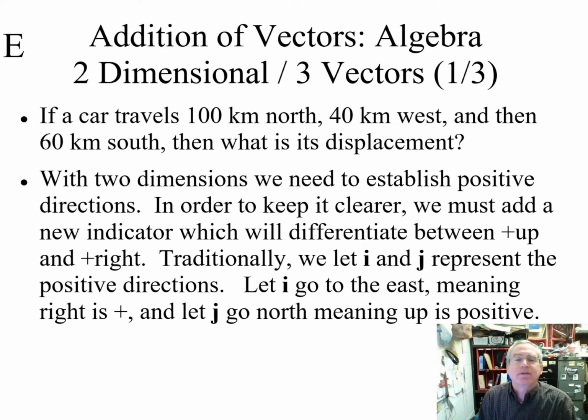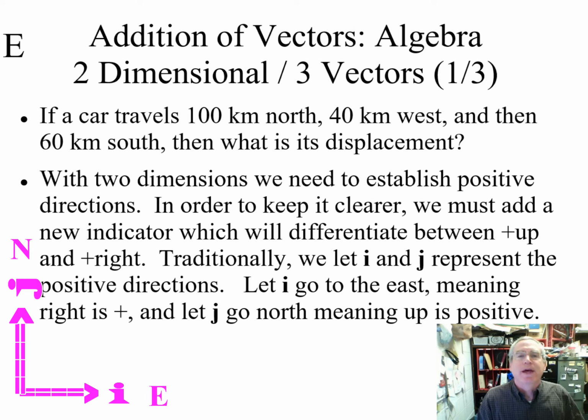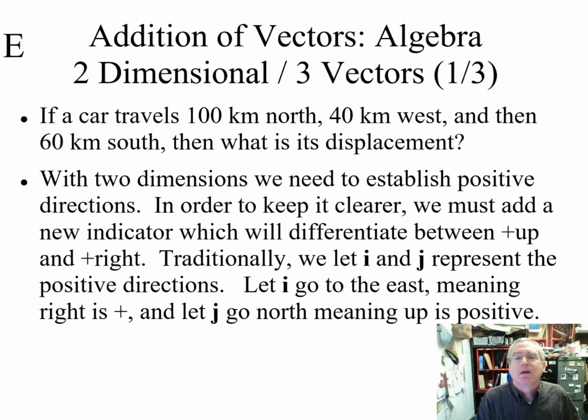I went ahead and just defined I hat to the right, J hat up, letting this be north and east. So now north can be represented by J hat or bold J. West is negative I hat, because I said east was positive, and then south, negative J hat.